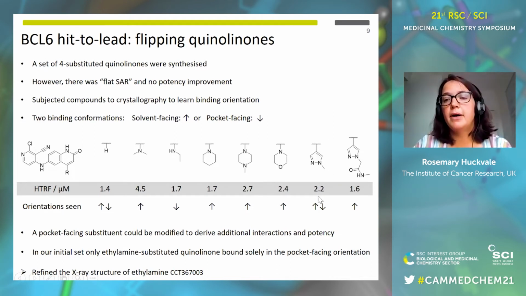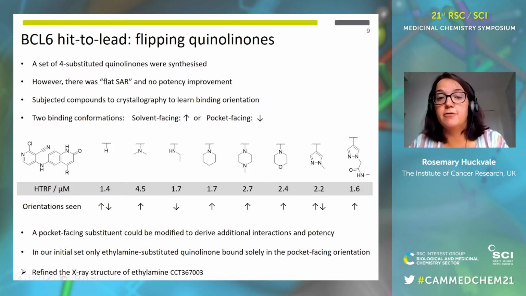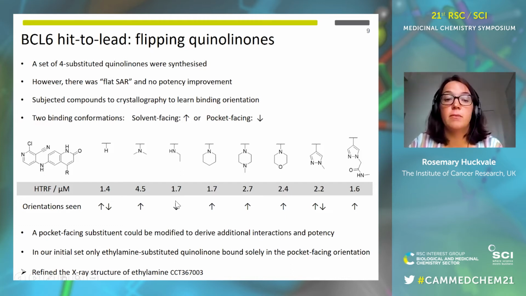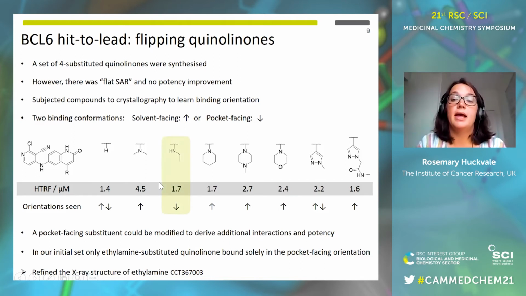The pyrazole compound here also bound in 2 different conformations, and making the pyrazole compound bigger just made it flip out into the solvent-facing orientation. And actually, over all these compounds, it was only the N-ethylamine compound here which bound solely in the pocket-facing orientation.